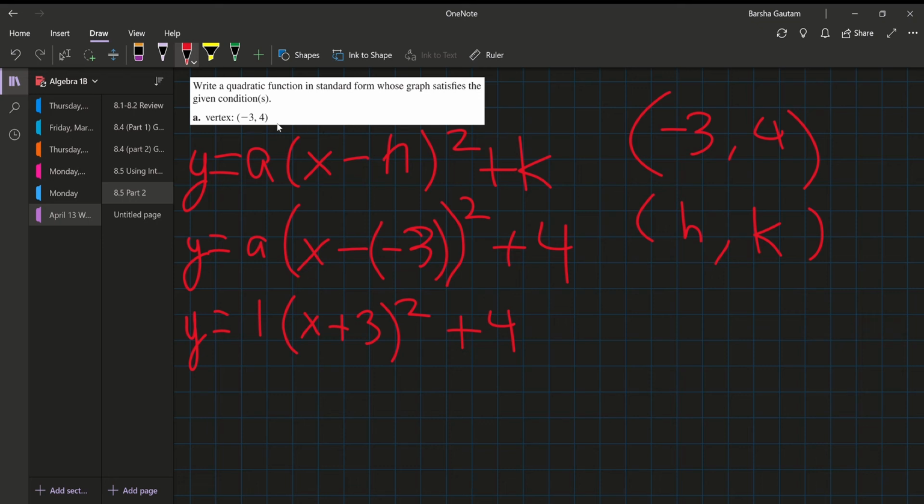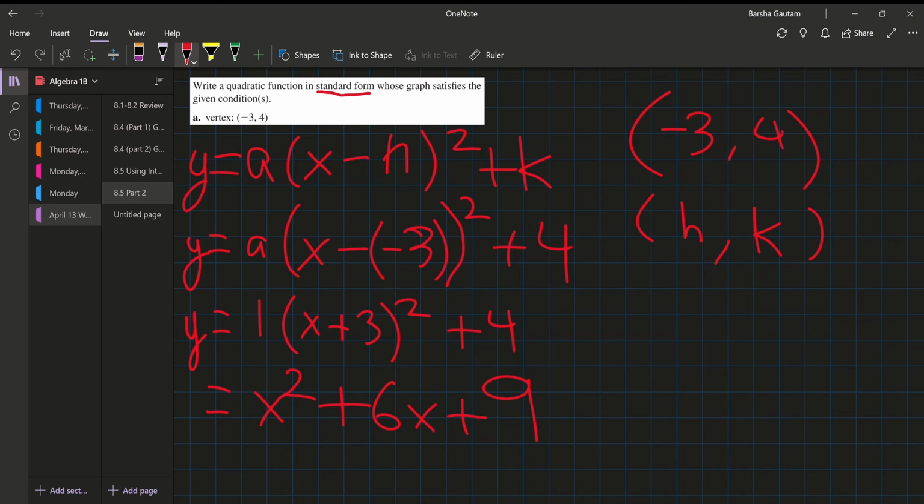And notice that you might think that we're done, but it asks us to write it in standard form. If we're going to write in standard form, that means we're going to have to find the product of (x + 3) to the power of 2, which is going to equal x squared plus 6x plus 9.